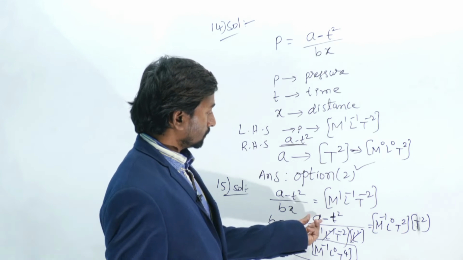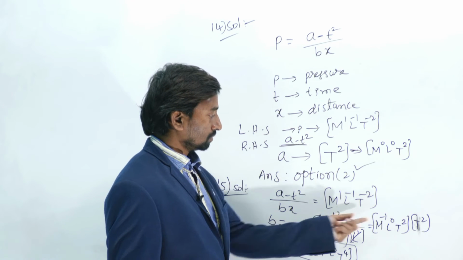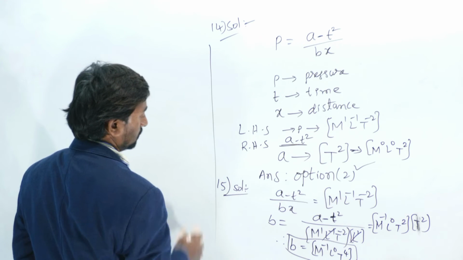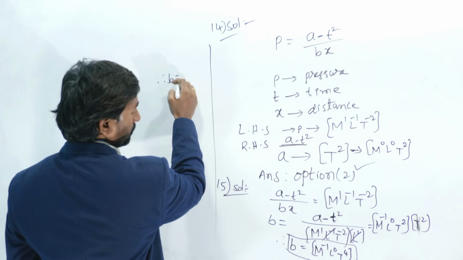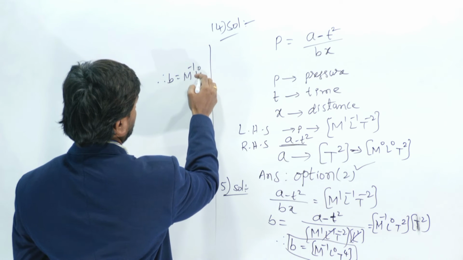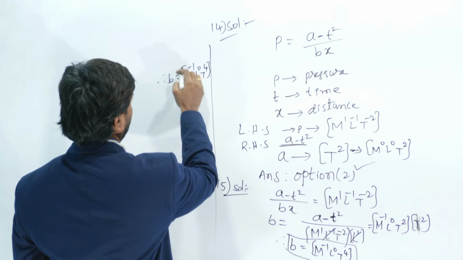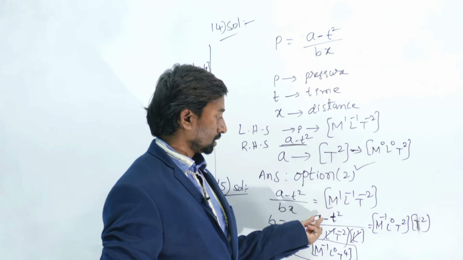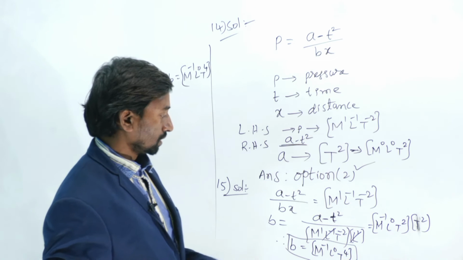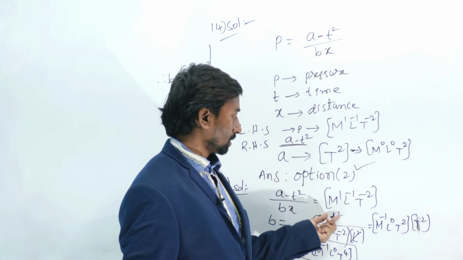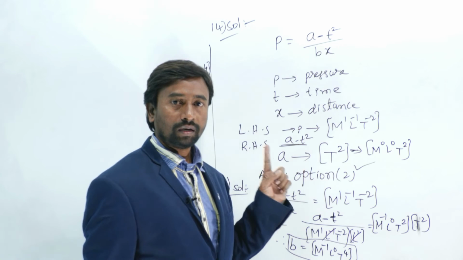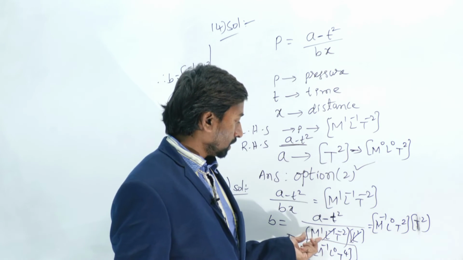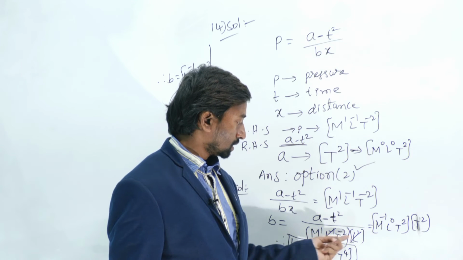Here T square is there, no? We can write T power 2 in the numerator. A minus T square is T square and T square, so in the numerator we have the dimensional formula T power 2, and in the denominator we have M power 1, L cancels, T power minus 2.